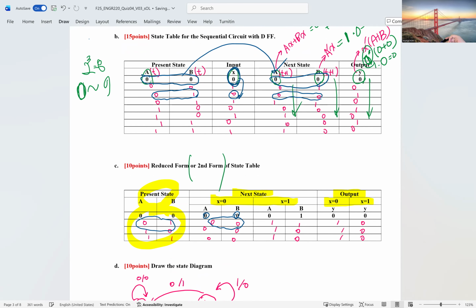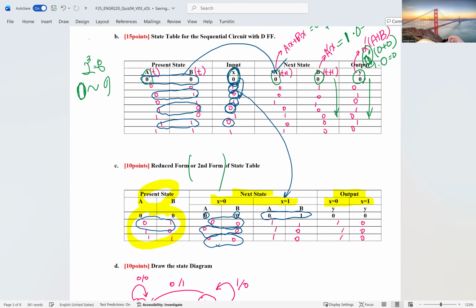Now the next one, 1, 0, the X is 0, next state is what? 0, 0. Same thing. 1, 1, when X is equal to 0, next state 0, 0. Okay, same thing. The 0, 0, the X is equal to 1. The next state is what? 0, 1. Okay.